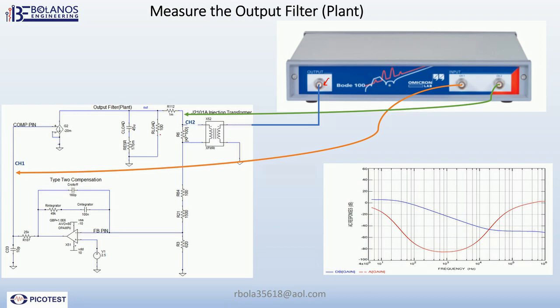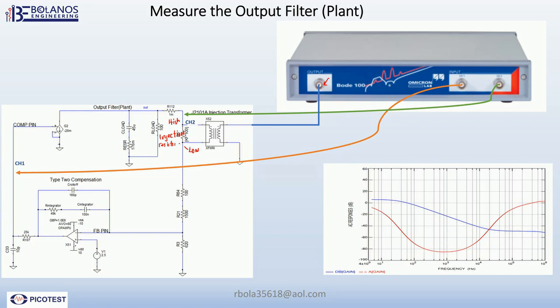R6 is an injection resistor. And the top side, I'm going to call it the high side of the injection resistor, and this the low side. Those are the two main test points.